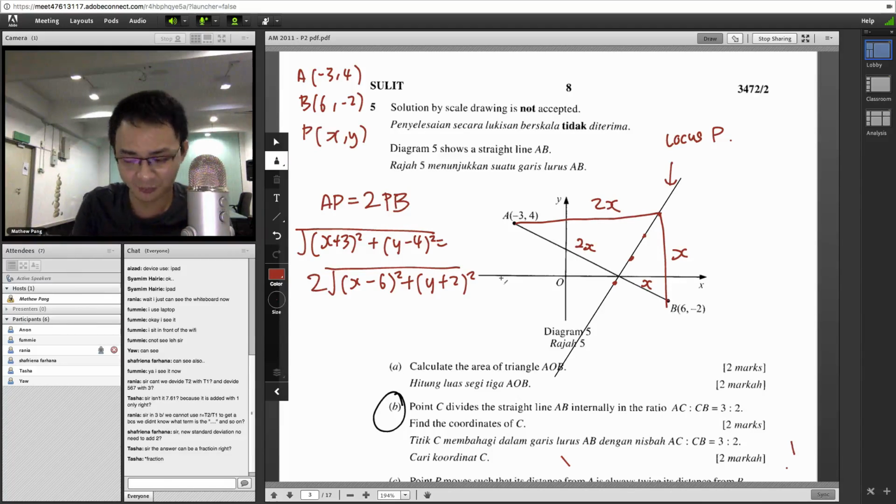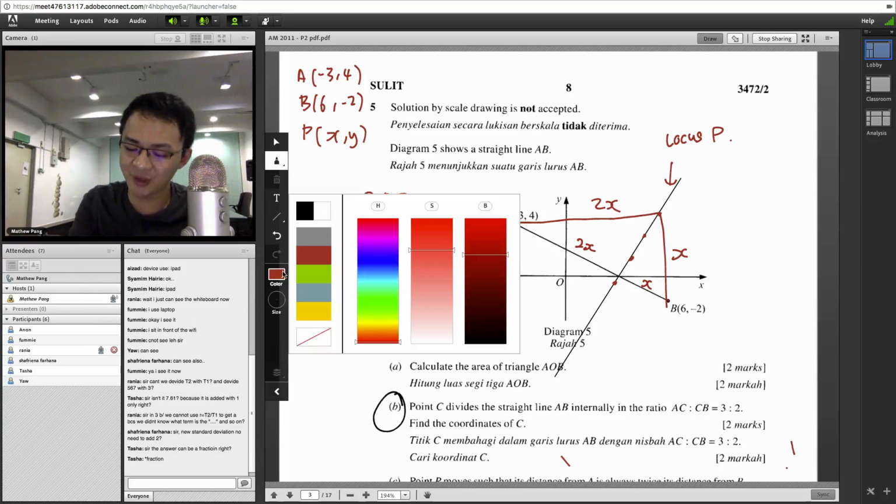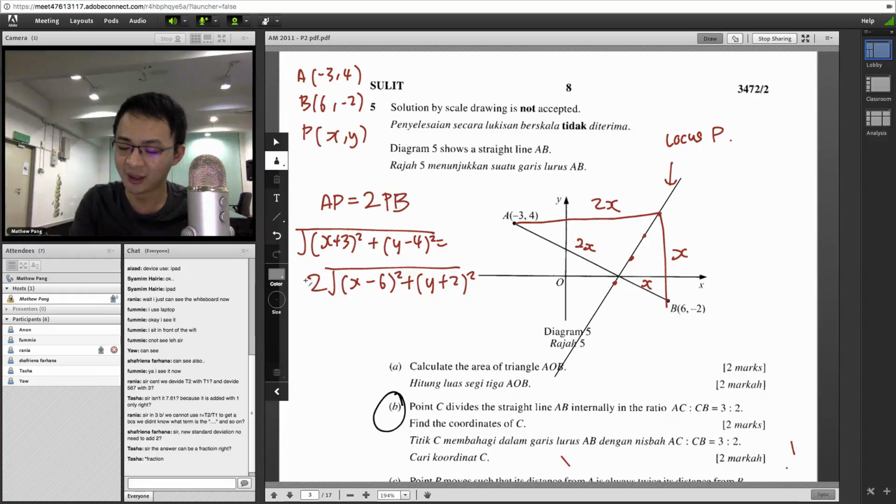Over here, I do not like the square root, so I will square both sides. But when you square both sides, you must be very careful about something that a lot of students get wrong, which is ignoring the 2. When you square here, the 2 will change to 4.